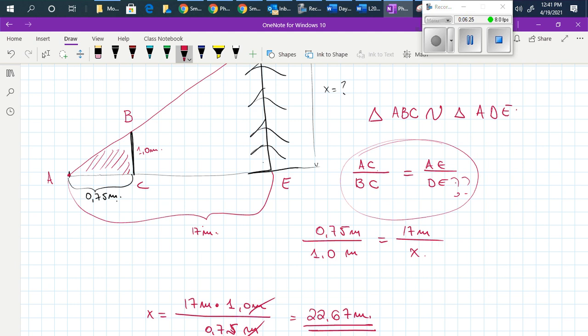Or if we have a pinhole camera, pinhole cameras are just made by a black box where a small pin-sized hole is made in one end, and it allows the light to enter.